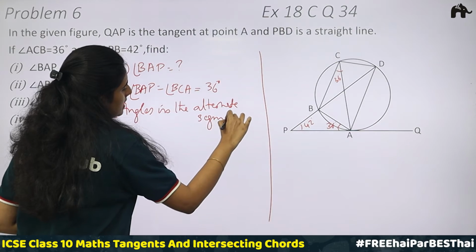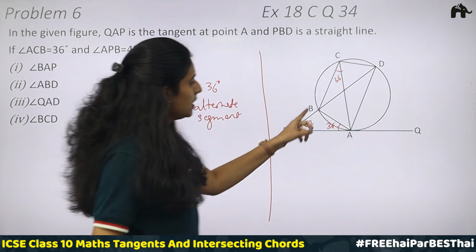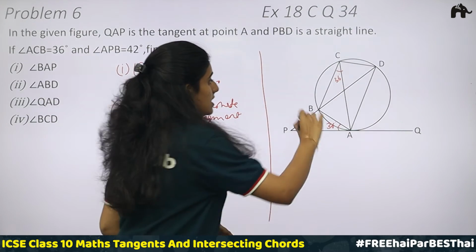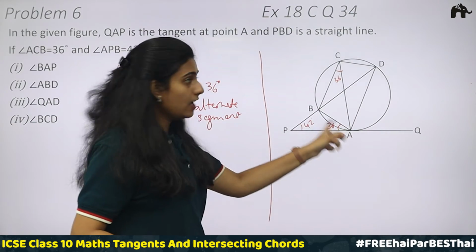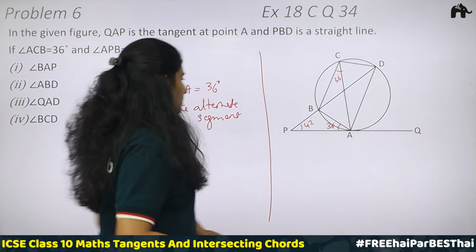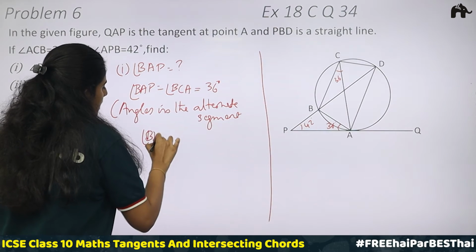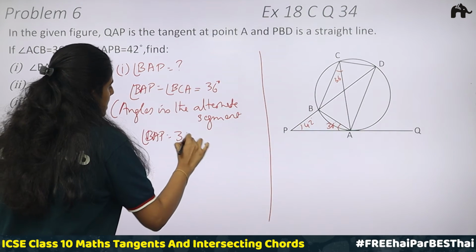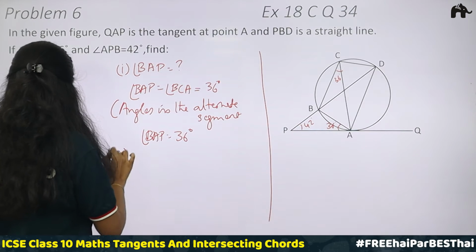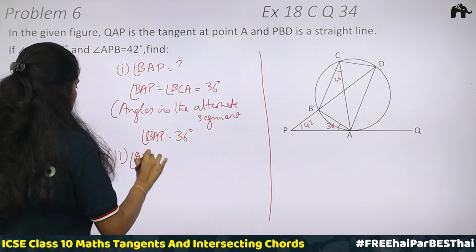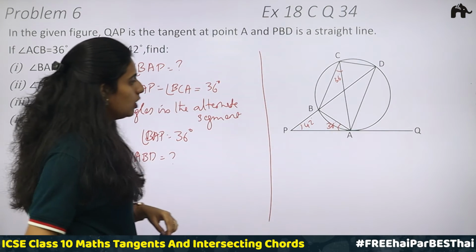Here BCA is an angle that is subtended by the chord BA on the major segment. Now we got angle BAP is 36 degrees. Now the second one, we have to find angle ABD. How to find ABD? Where do we have ABD?